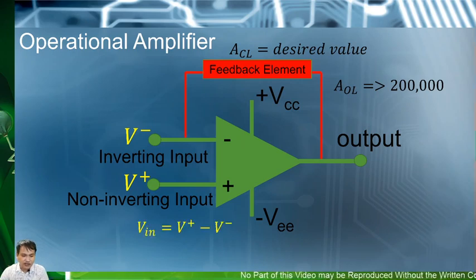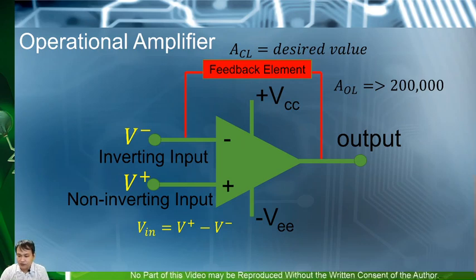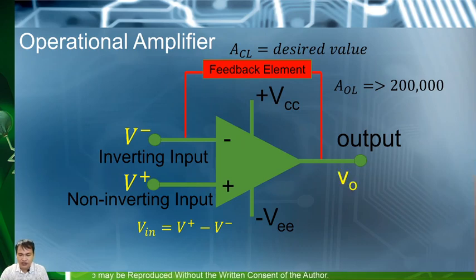The difference is equal to V plus minus V minus, or the input voltage, and the output as VO.